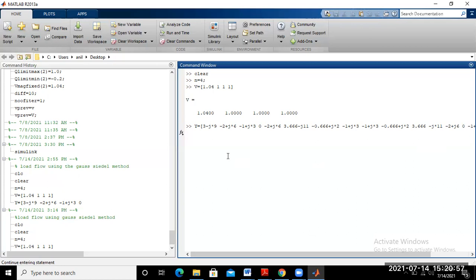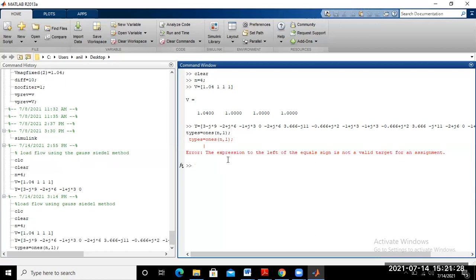type1 equal to ones(n,1). So just write here type1 equal to ones(n,1). Here the expression to the left of the equal sign is not a valid target for an assignment, so the left of the equal sign should be 1.